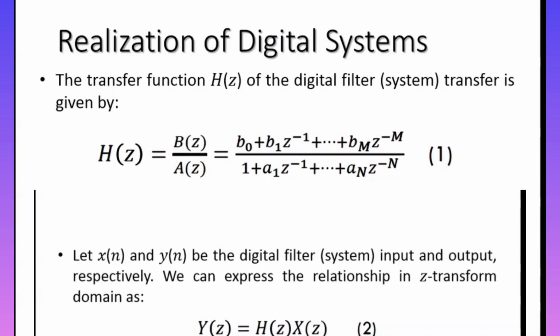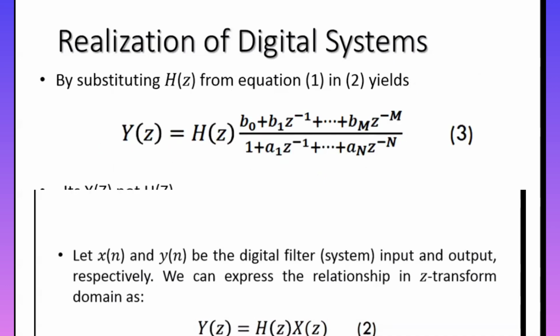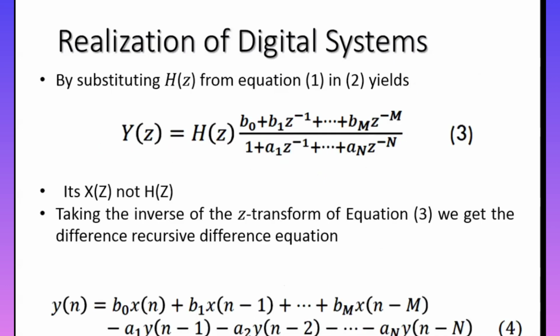Now we substitute the first equation in the second equation. You will get Y(z) equals H(z) into X(z), with the H(z) value taken from the first equation. If I take the inverse transform of equation 3, we will get the recursive difference equation.